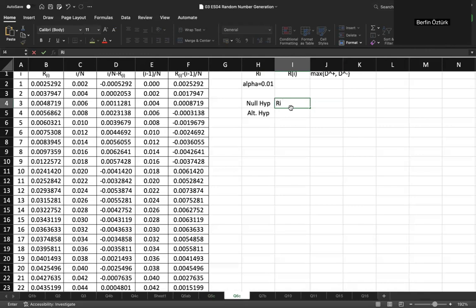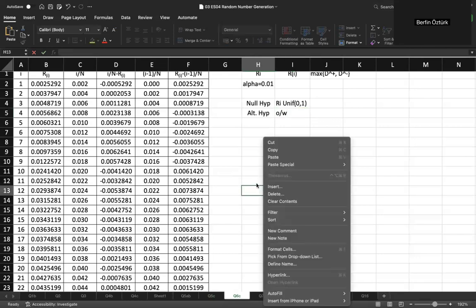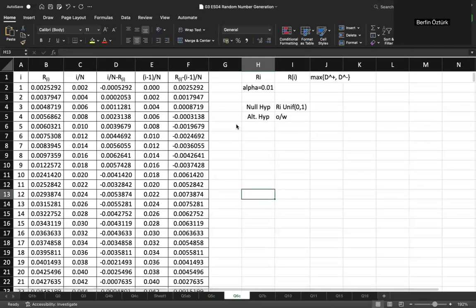It follows the uniform distribution. It comes from a sample of, what have you said, standard uniform distribution, or otherwise here. Okay, so at the end of the test, we will be deciding on this.